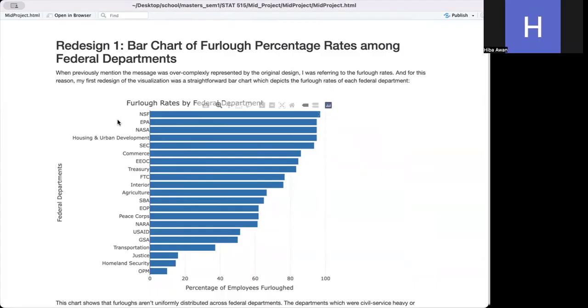And then departments like Homeland Security and Justice and Transportation seem to have more priority, so they have fewer employees on unpaid leave.